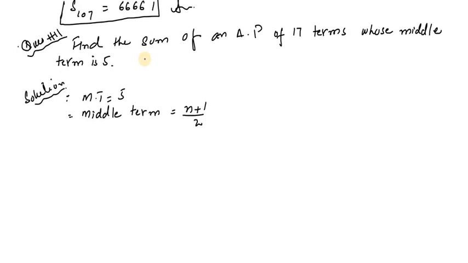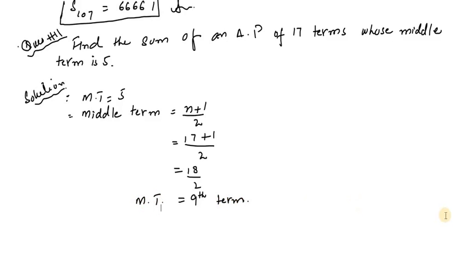So here n is 17, plus 1 upon 2, is equal to 9. The 9th term. Okay, this is the middle term.